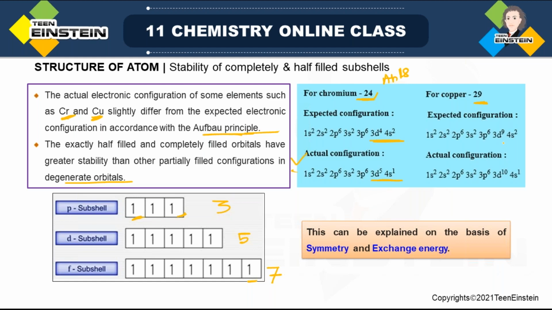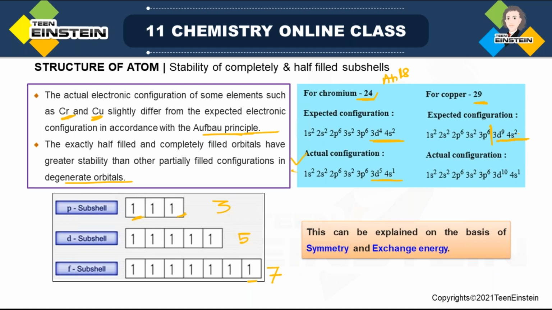Similarly, for copper, after argon, 11 electrons you have to place. First you place 2 in 4s, then 9 more, so it is 3d9. This is the expected theoretical configuration according to Aufbau.